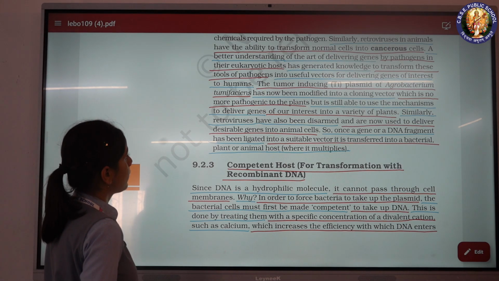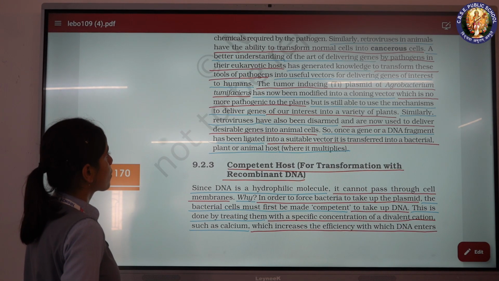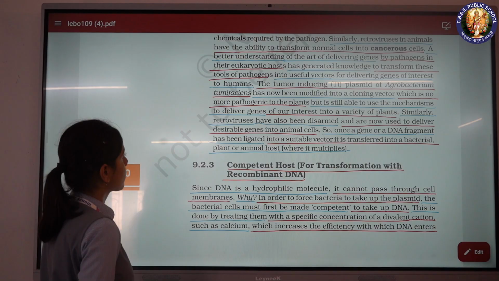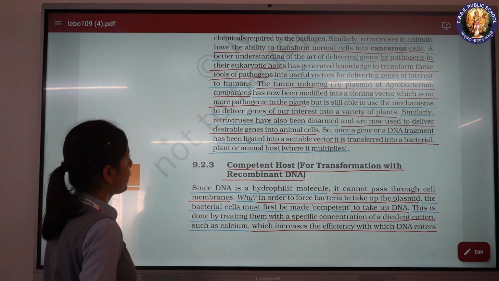The tumor-inducing Ti plasmid of Agrobacterium tumefaciens has now been modified into a cloning vector which is no more pathogenic to the plants but is still able to use the mechanisms to deliver genes of our interest into a variety of plants.